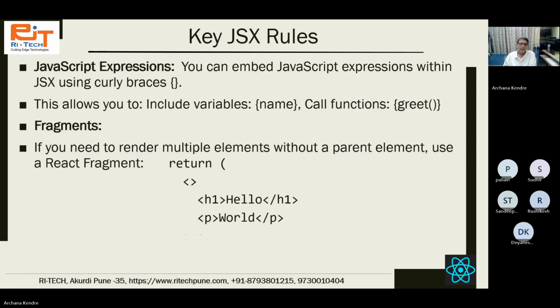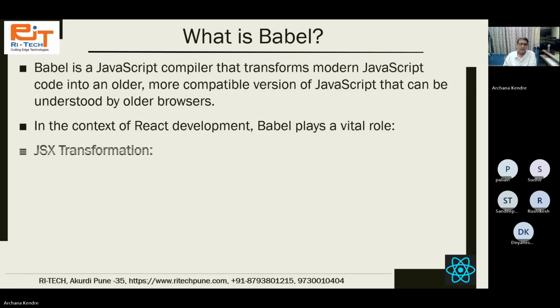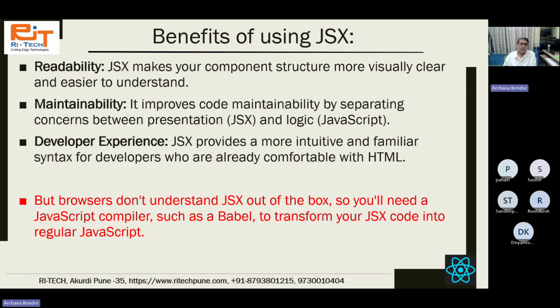Fine. So what do we need then? The browser does not understand JSX out of the box, so you need a JavaScript compiler such as Babel to transform your JSX code into regular JavaScript.